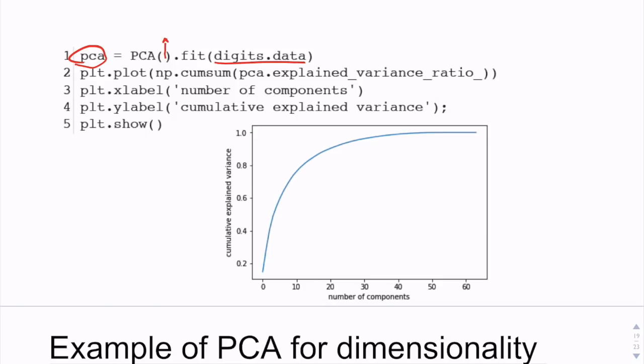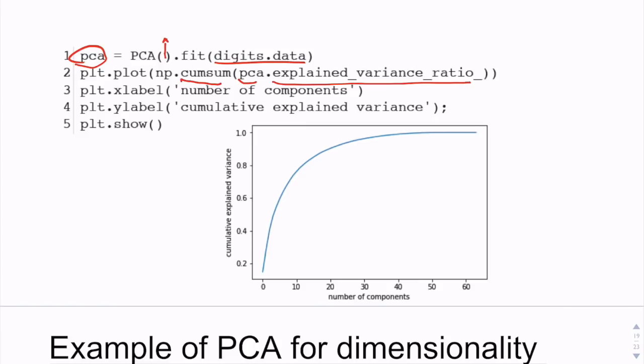If I want to plot the cumulative sum of the explained variance, then from this object I call one of the attributes of this method, and then I plot the cumulative sum, and this gives us a very nice cumulative sum of the explained variance. So then by visually inspecting this graph, I can choose how many principal components I can choose to lose some information but reduce the dimension.